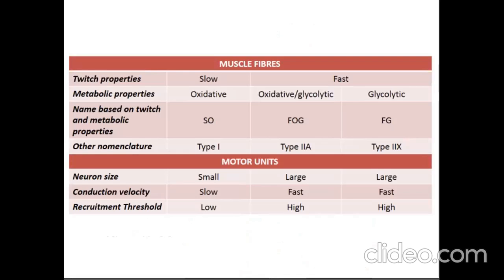On the other hand, larger motor neurons that activate fast twitch fibers are large. Therefore, we have a high recruitment threshold. So that same small absolute depolarization will have a much smaller effect on a larger motor neuron that feeds large type 2 muscle fibers.